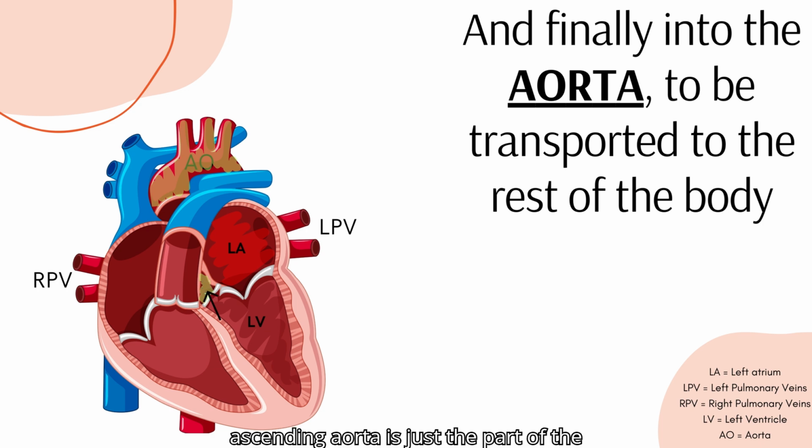The ascending aorta is just the part of the aorta that's from the left ventricle to that top section over there. That part is going up, so we're going to call it the ascending aorta. The aortic arch is just that arch section at the top where those three sections are coming out of it. And then everything that goes down is called the descending aorta.